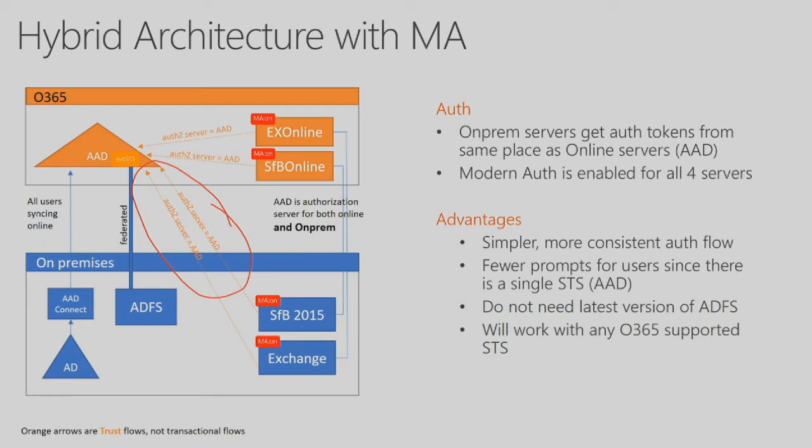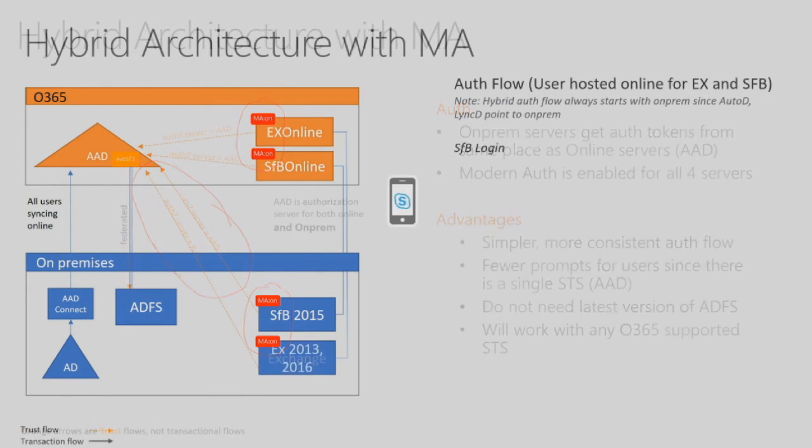It doesn't have to be ADFS. It can be Ping Federate or, I don't know, whatever else is out there. Okay, yay for Ping Federate. Okay, and then what this allows you to do is turn on modern authentication in the on-prem servers, which is the whole goal of this.